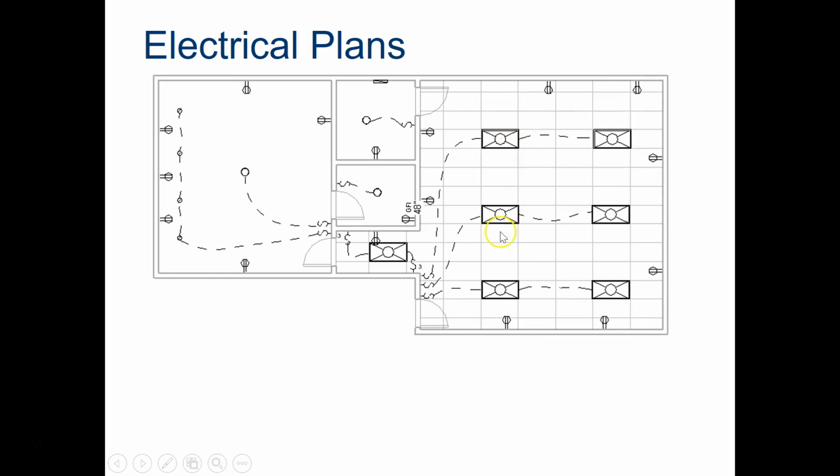These big rectangular things are fluorescent light fixtures, and then there are single light fixtures, which we would usually call a can light, which is like a recessed light up in the ceiling. And all of these little dotted lines that connect to the little S on the wall are the switches and the lights that they connect to.